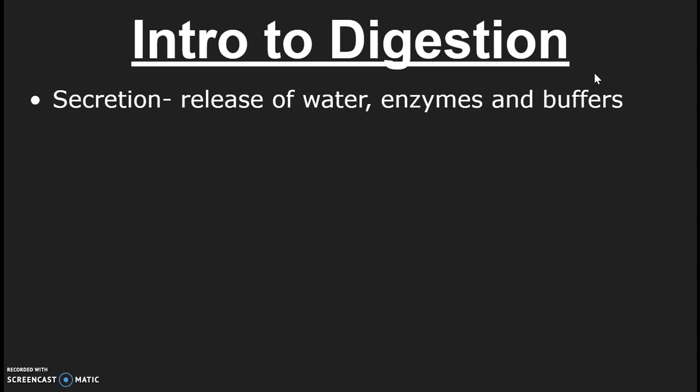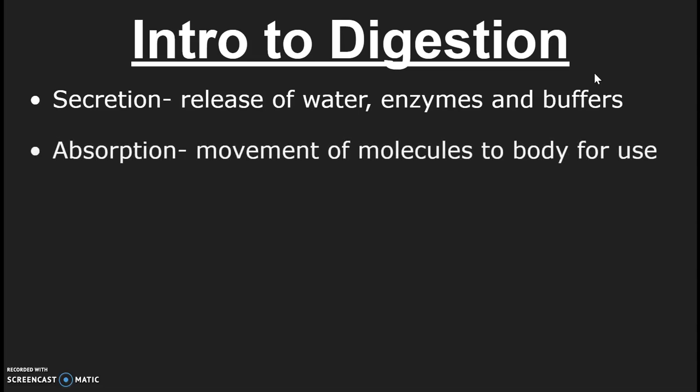Buffers help to resist changes in pH. They're oftentimes weak bases, and they're used to help resist some of that change if we're consuming something that's acidic. But then absorption is the movement of molecules into the body for use.